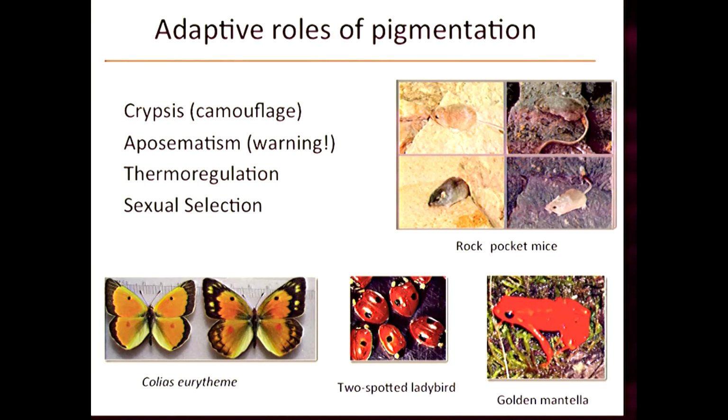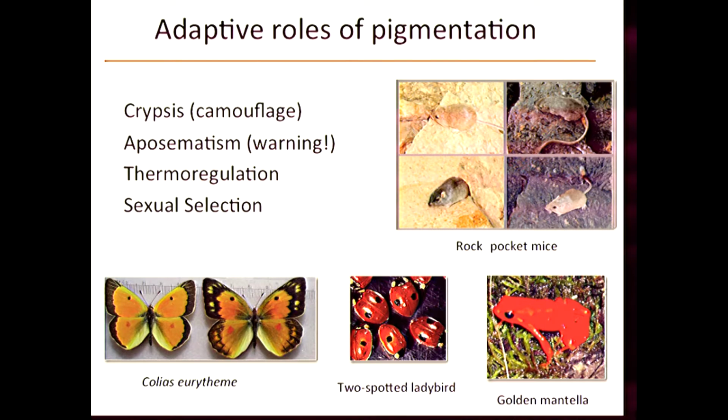Okay. So as I said, pigmentation does affect the way organisms interact with their world. For different species, different ecological factors seem to be controlling most how changes in pigmentation arise. So in some cases, camouflage or crypsis seems to be really important. That's illustrated here by this picture of rock pocket mice. This is a system that Hopi Hoekstra, who's now at Harvard, has studied in great detail, figuring out the genetic mechanisms responsible for these differences.